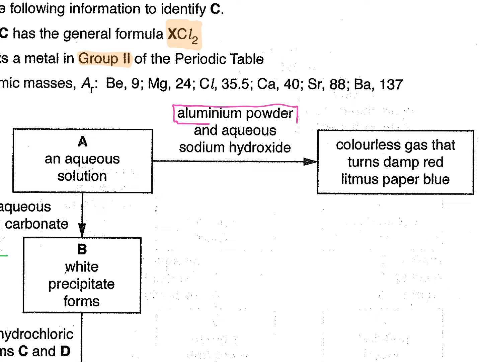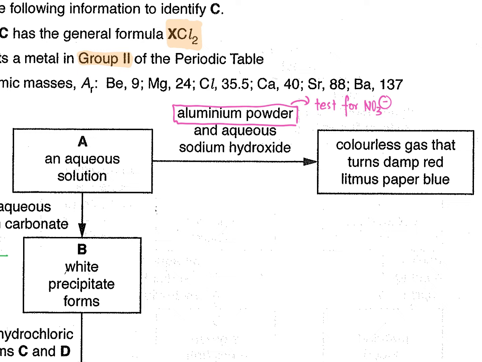So aluminium powder is then used to test for positive or negative ion. Okay, which negative ion are you testing for? What do you name NO3- as? What is NO3- called? Nitrate ion. Okay, so whenever you see aluminium powder added to your sodium hydroxide, you're testing for nitrate ion.